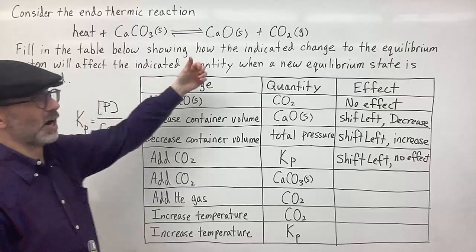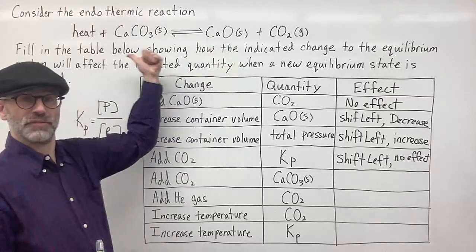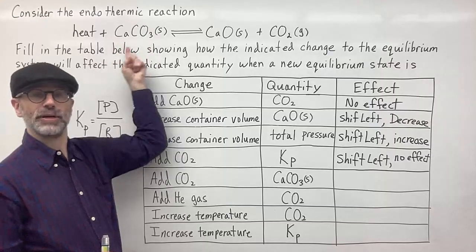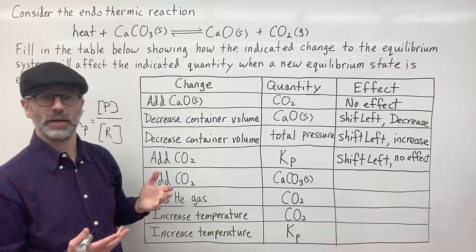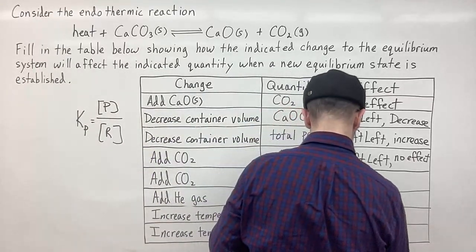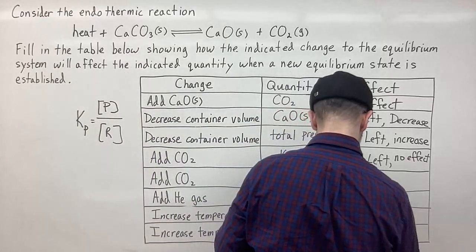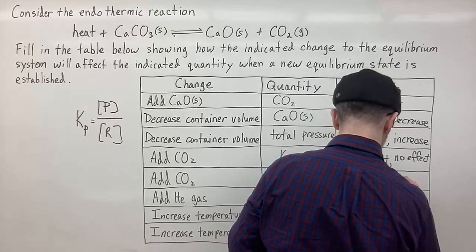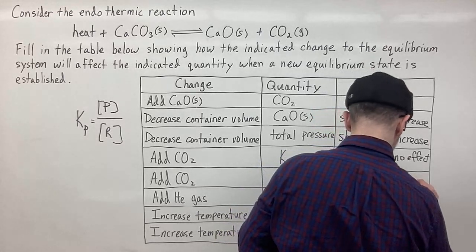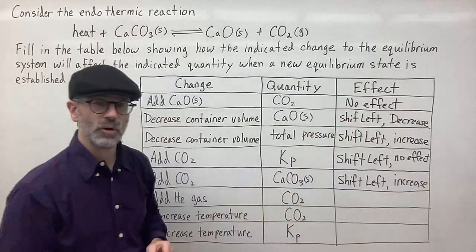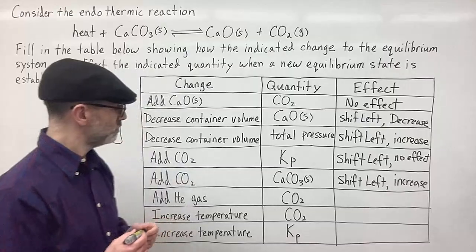And the answer is that it's going to shift to the left, and it's going to increase the amount of calcium carbonate you have. So that is the answer here. So it's going to shift left again, and it's going to increase the amount of calcium carbonate at equilibrium.